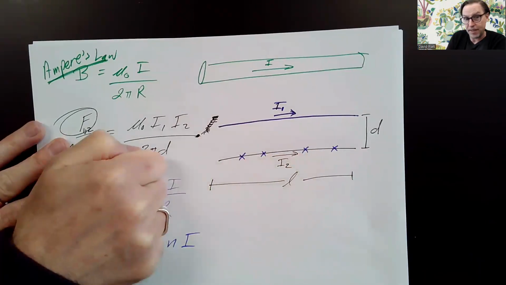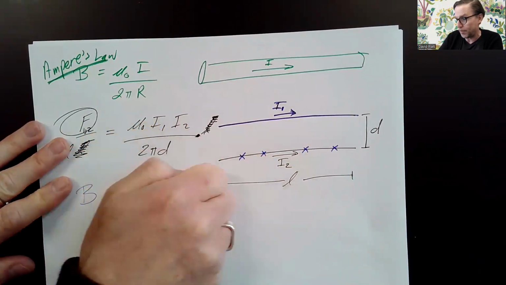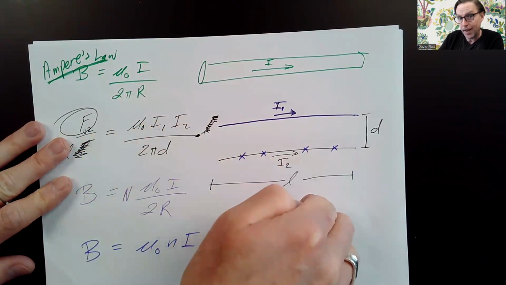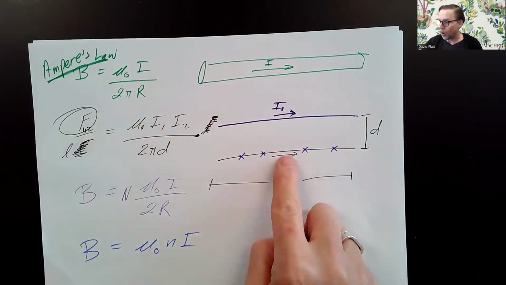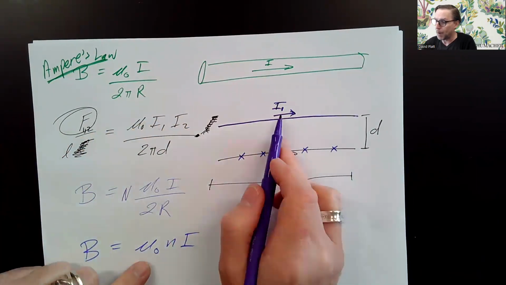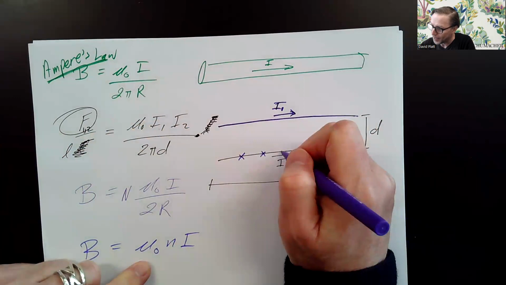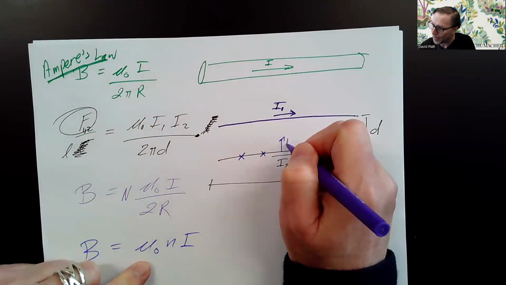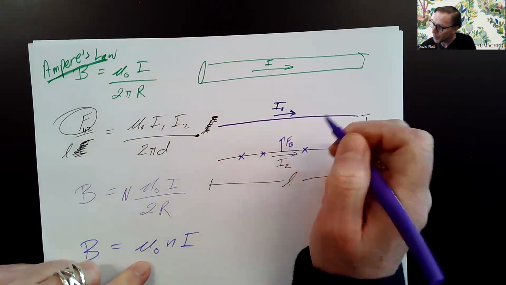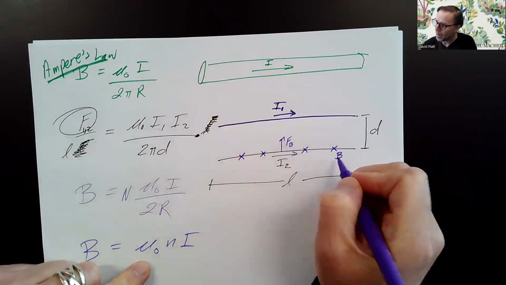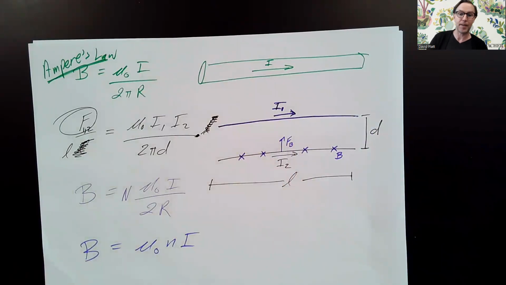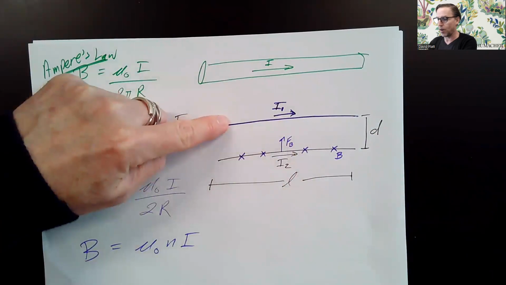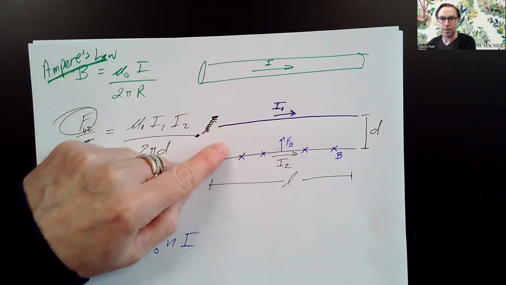I've got V, because this is the direction of the current, B, F. That means that the force exerted on this black wire by the purple wire is this way. And I'm going to call that F sub B. These X's are B, the magnetic field. This arrow is F sub B. Well, that's interesting. So this wire pushes this wire up.